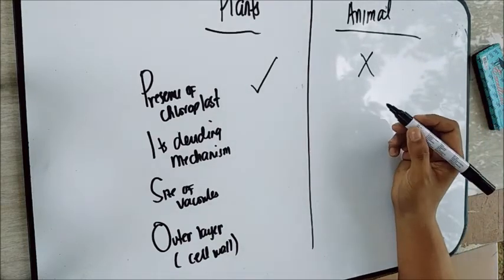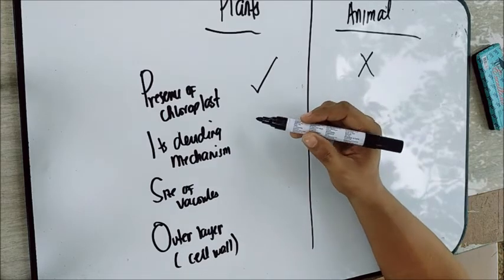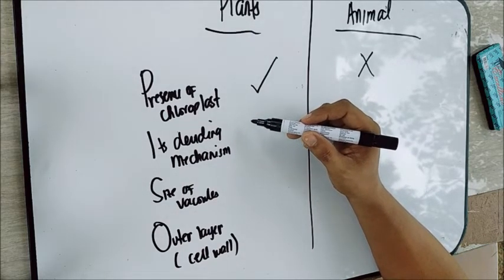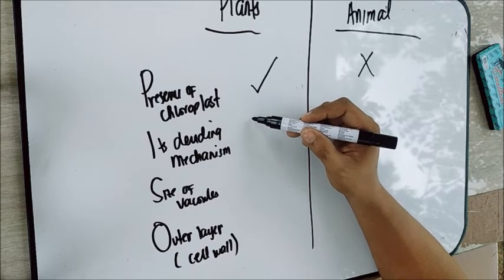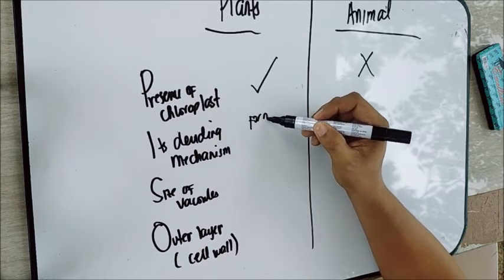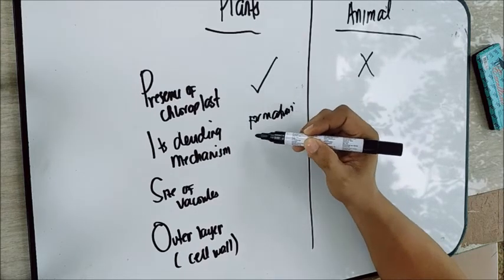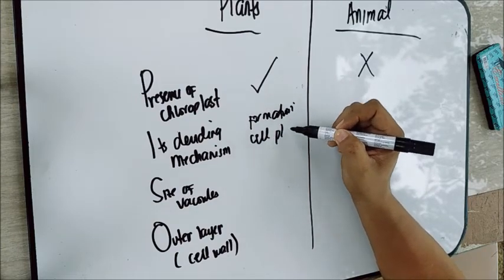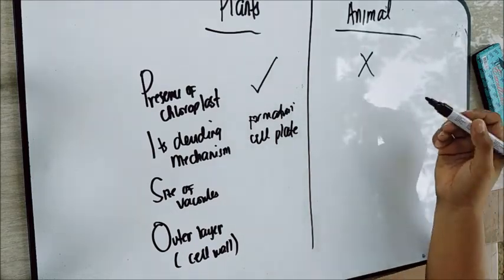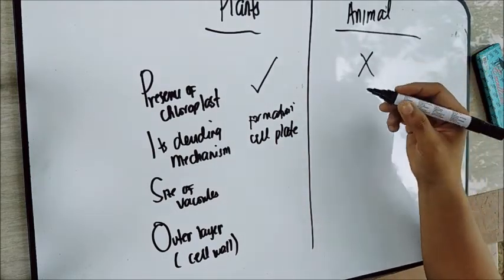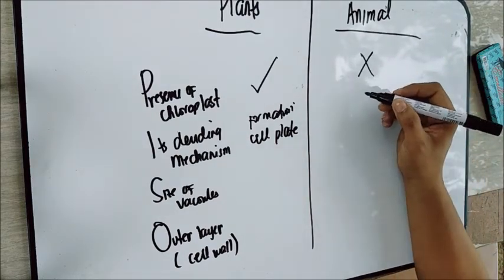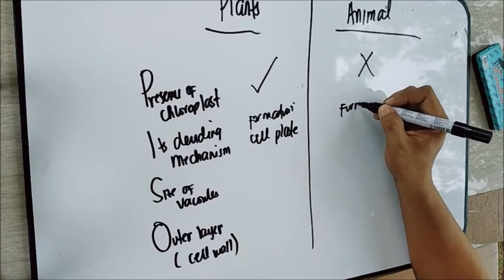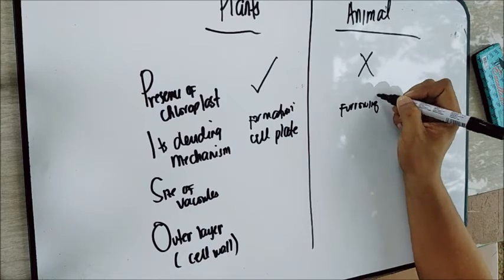Now, for the dividing mechanism during the cell division, for the plants, formation of cell plate. On the other hand, for animal cell, its dividing mechanism is furrowing.